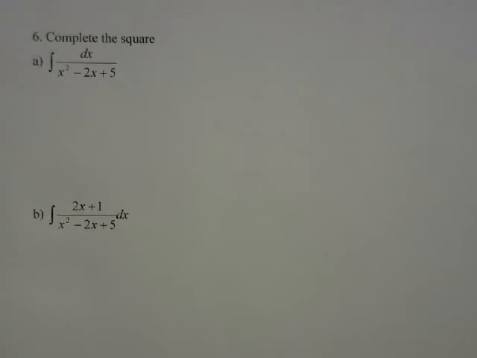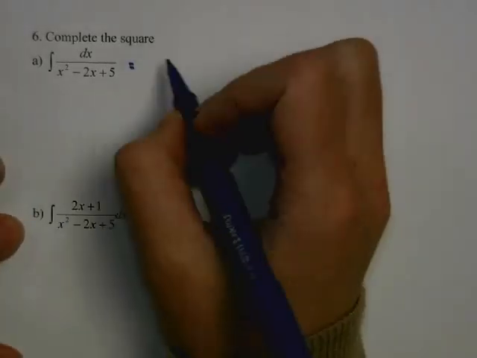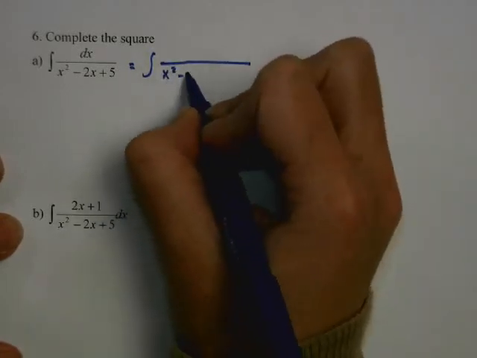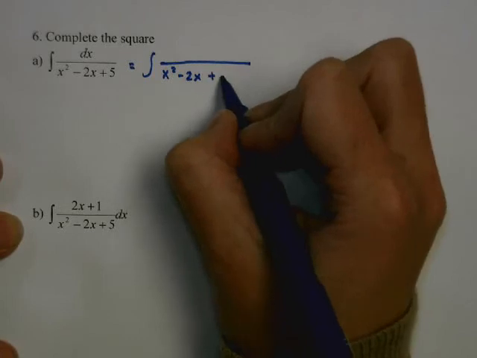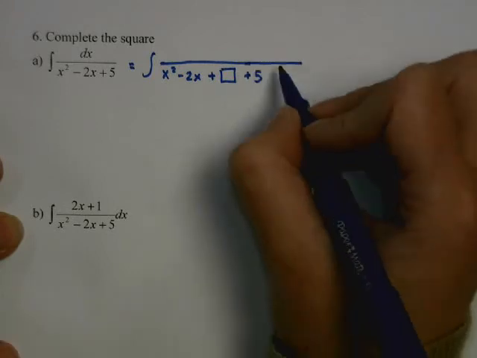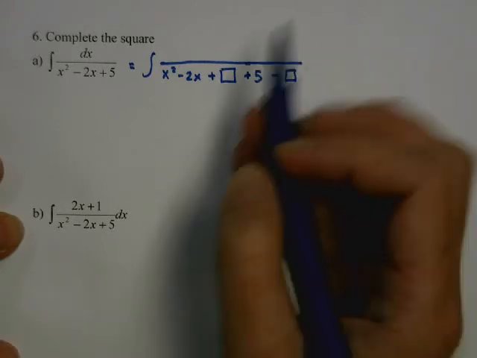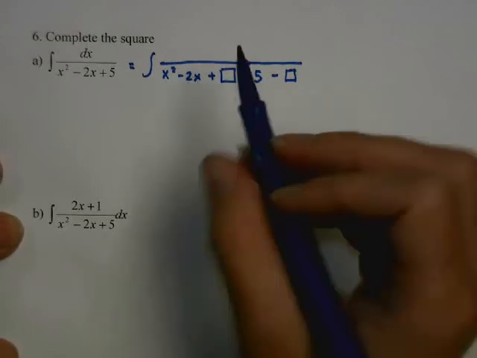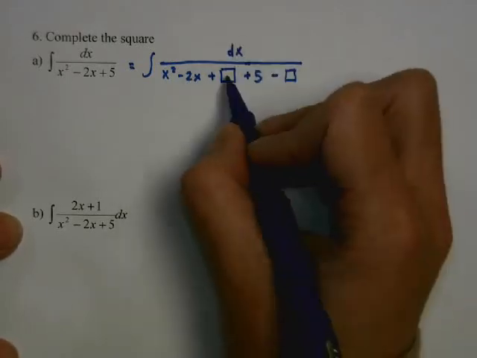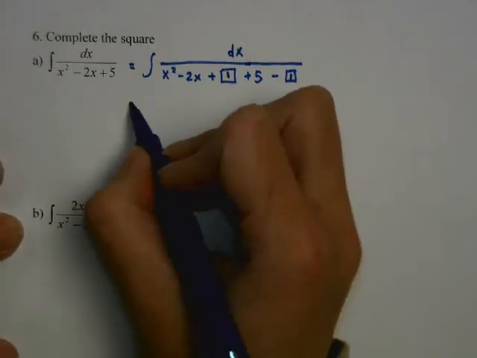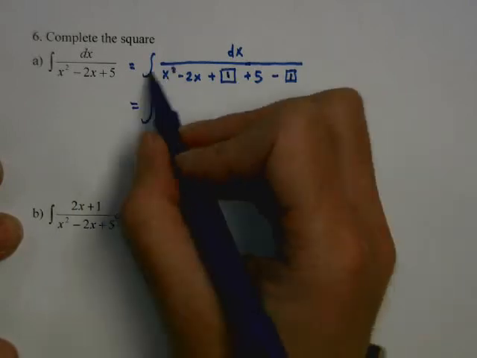Okay, we're going to do these ones by completing the square. So here I'm going to have the integral. I'm going to have x squared minus 2x plus something plus 5 minus that something. So you're trying to find the value that would make this a perfect square, or you take this, divide it by 2, and square it, which in this case is going to be 1. So this is a perfect square.